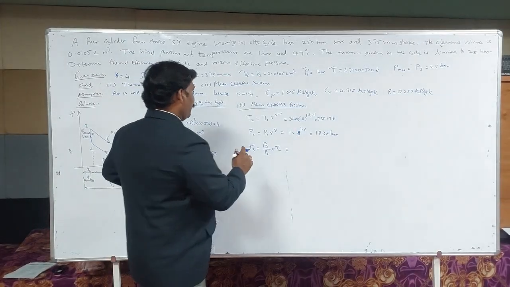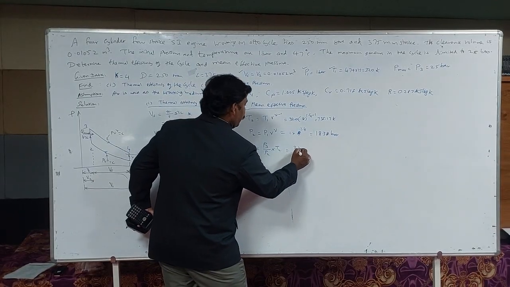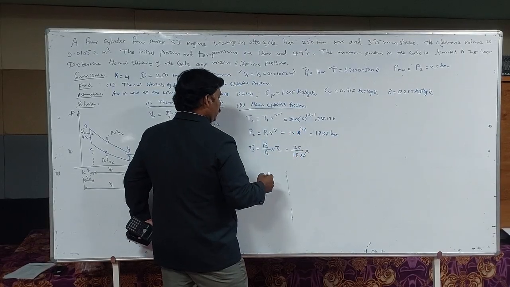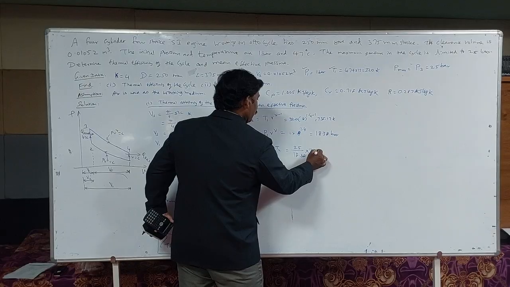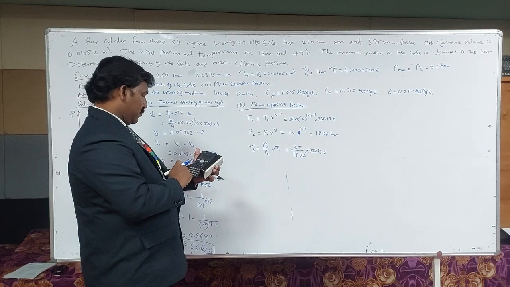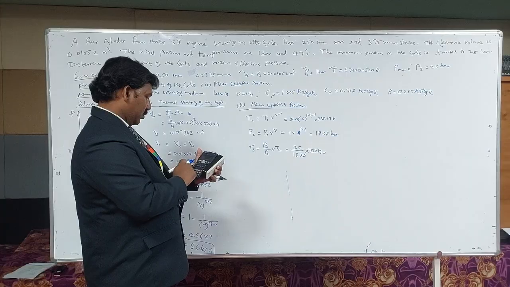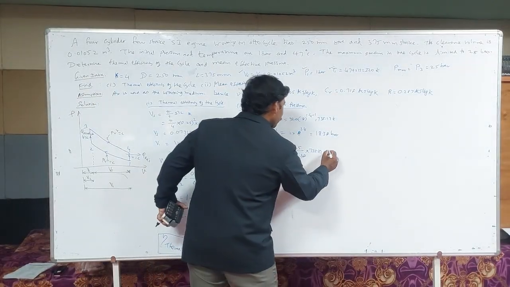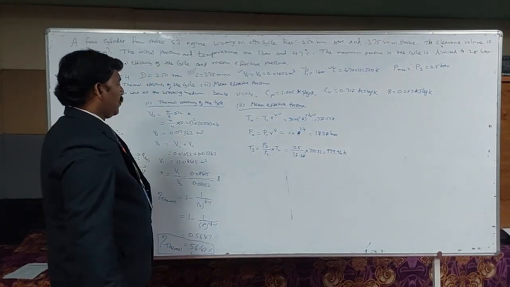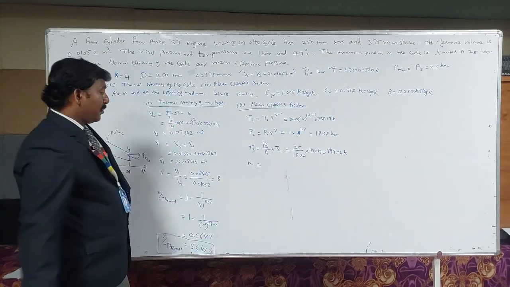P3 we know, which is 25 bar, and P2 is 18.38 bar, and T2 is 735.17. So 25 by 18.38 into 735.17 is 999.96 Kelvin.